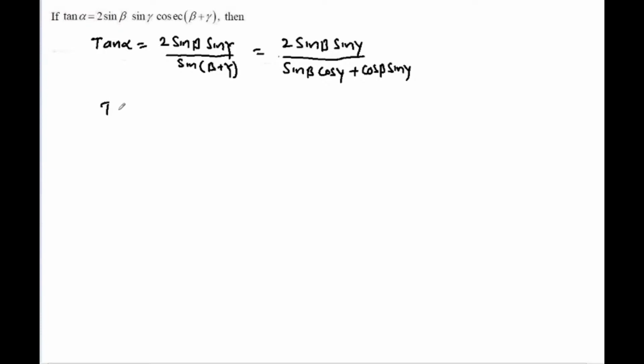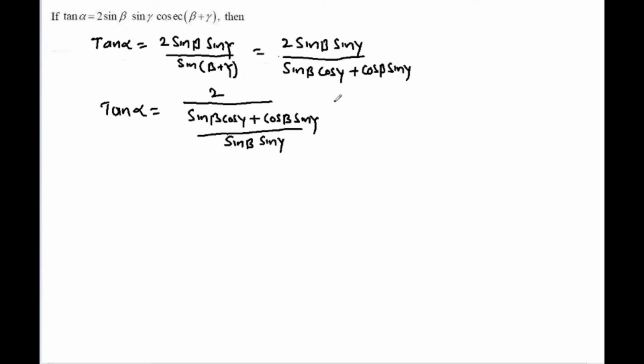So therefore tan alpha is equal to 2 sin beta sin gamma by sin beta cos gamma plus cos beta sin gamma.